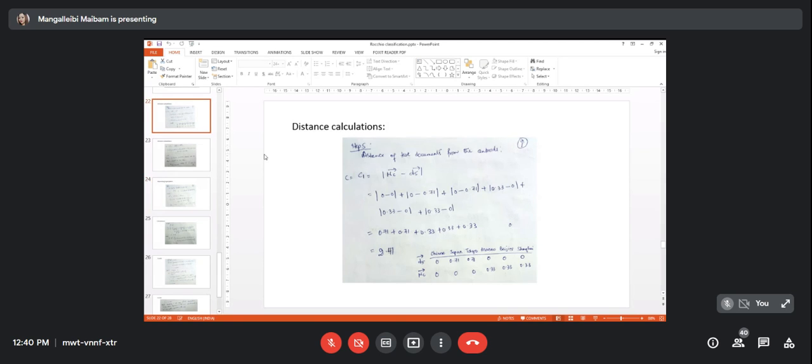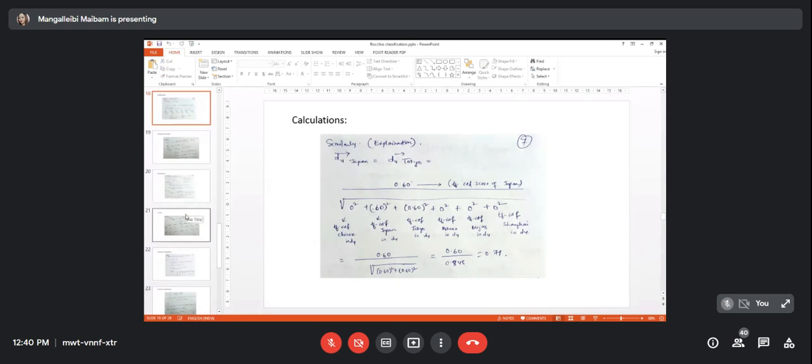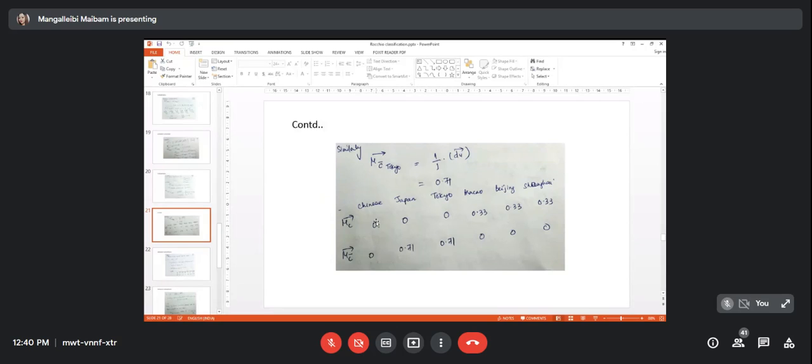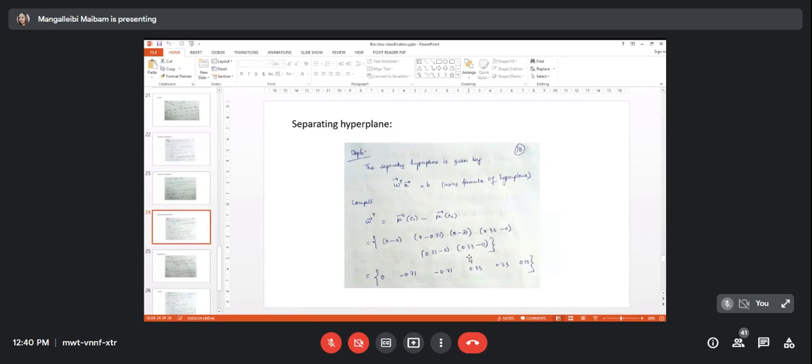After finding the difference of those two values, we got the W vector as: 0, minus 0.71, minus 0.71, 0.33, 0.33, and 0.33.